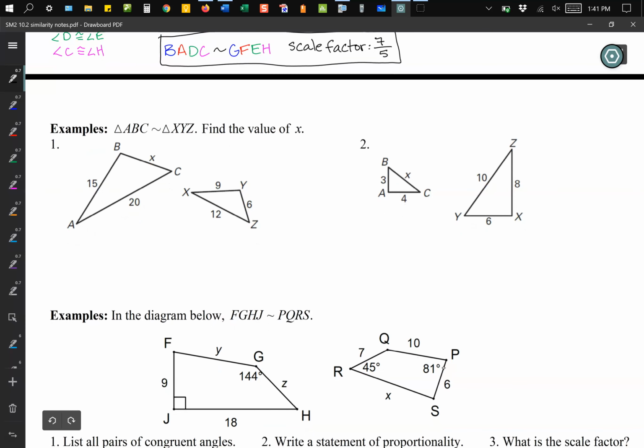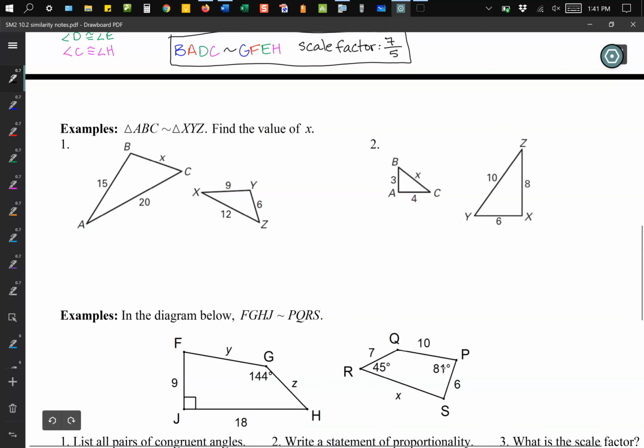Next type of example, you are going to have 2 figures and it will tell you they're similar. So it gives you the statement, triangle ABC is similar to triangle XYZ, and you're going to need to figure out how long a missing side is. So what I like to do when I see the statement is mark my matching angles.